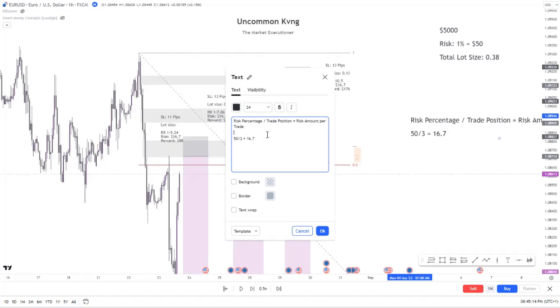Meaning our risk percentage is 1%, which is $50, and we are looking at 3 positions, 3 points of interest.